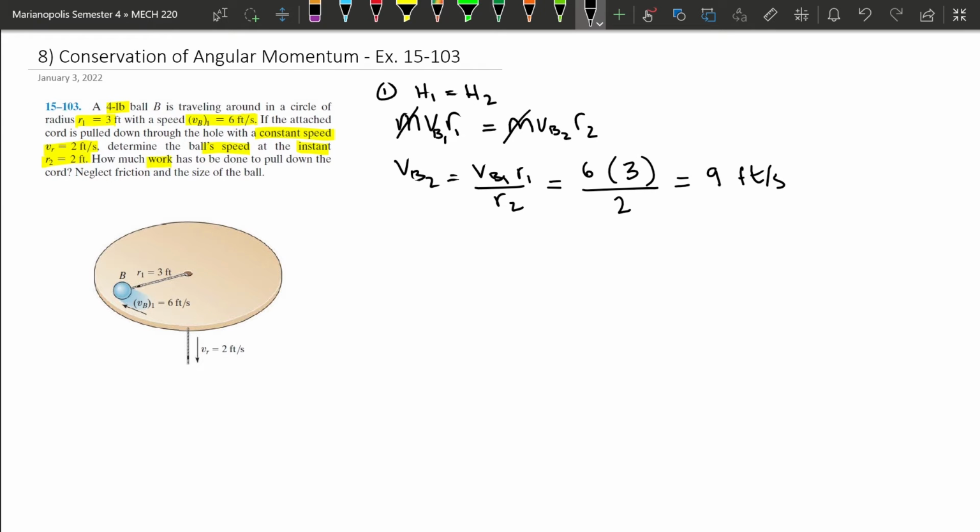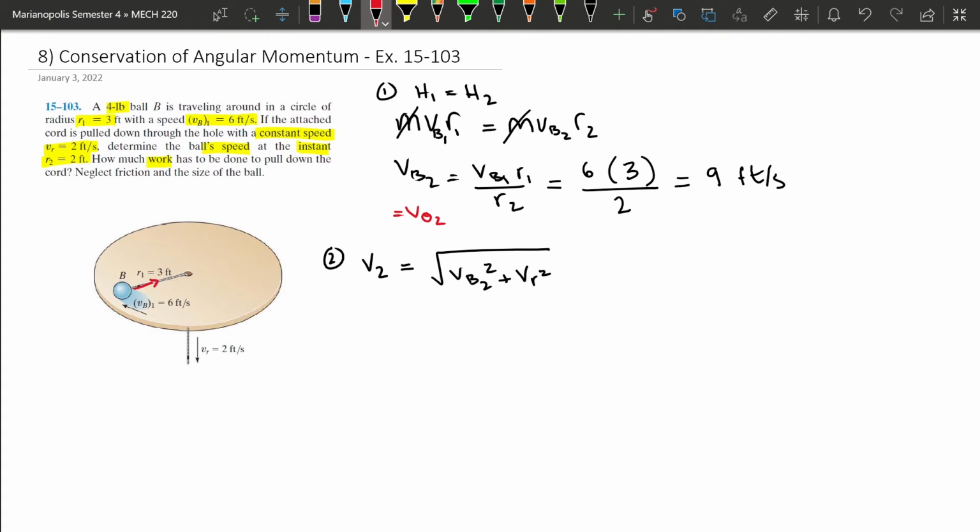Alright, and vB2, like I said, is the same thing as v theta 2, right? Since we want the speed at the instant r2 equals 2 feet, we want v2, which is going to be the square root of vB2 squared plus vr squared, right? And why can I use vr?